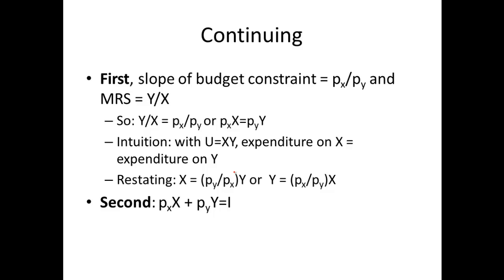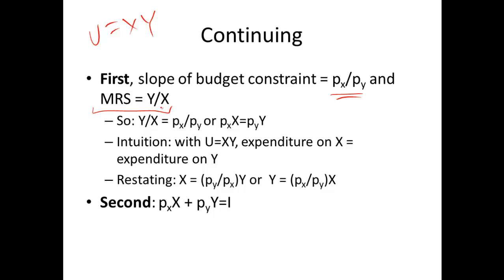So, how do we use these two conditions? Well, the slope of the budget constraint is just px over py. And the expression for the MRS that we derived a while ago, when u equals x times y, is that the MRS equals y over x.